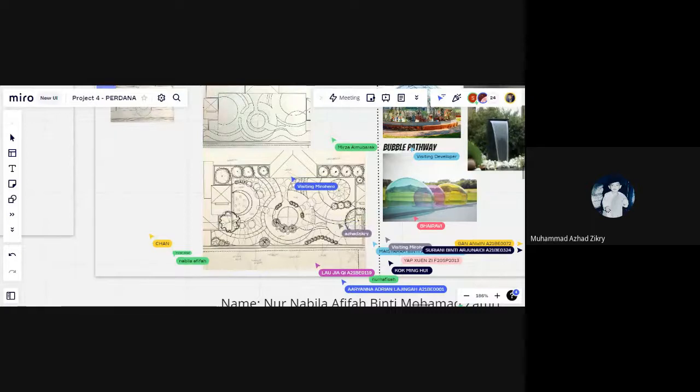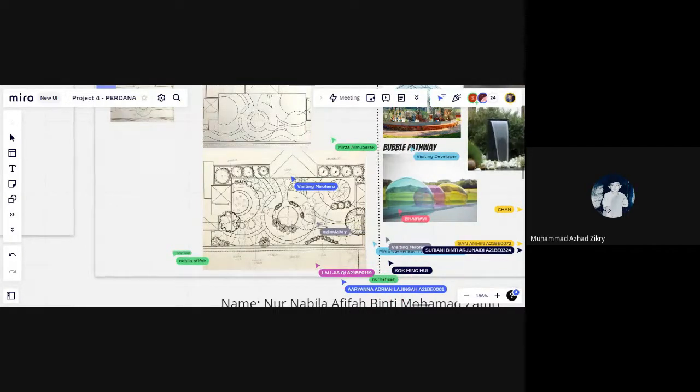For this lawn, I want to create a lawn where students can relax under a shady tree. Maybe we can have a group discussion. There is flowing water in it.